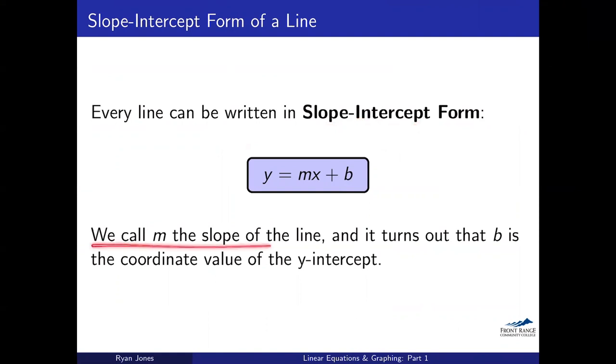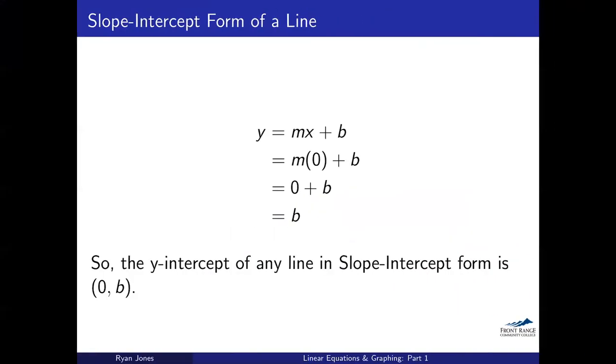And so, like I've said here, m is the slope of the line. And it turns out, this should be fairly obvious, that the value of b gives us the y-coordinate of the y-intercept. So again, just to reiterate, the y-intercept is 0, b right there.